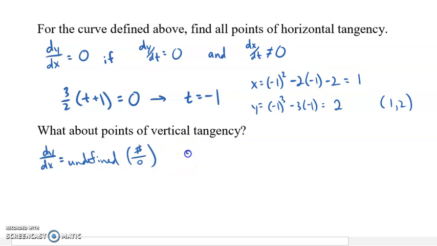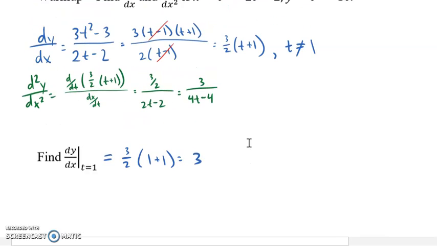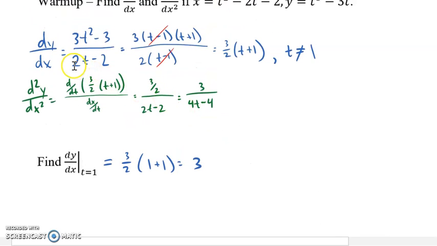So in other words, we're looking for places where dx dt is equal to 0 and dy dt is not equal to 0. And there is only one t value where dx dt is equal to 0, and that's t equals 1. But turns out that is a value that causes dy dt to also equal 0, right? That's that common factor of t minus 1.